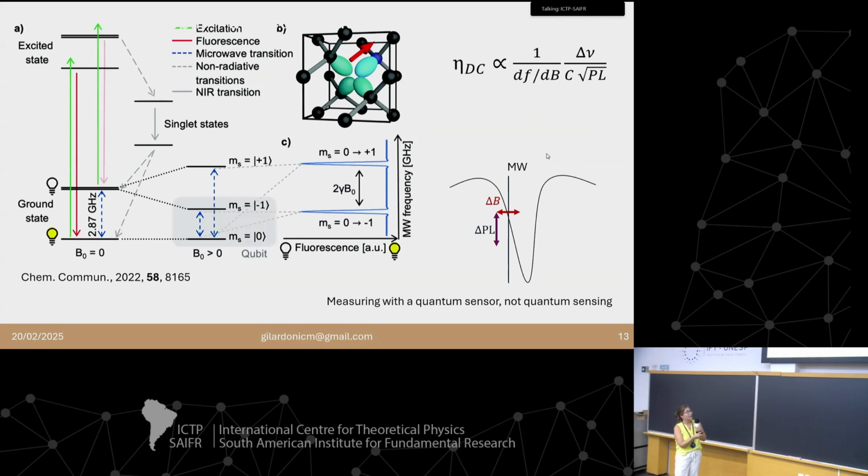But you can, right? You can still use spin control operations to actually manipulate these quantum states and use Ramsey type of measurements where you really gain information from the coherence properties, right?